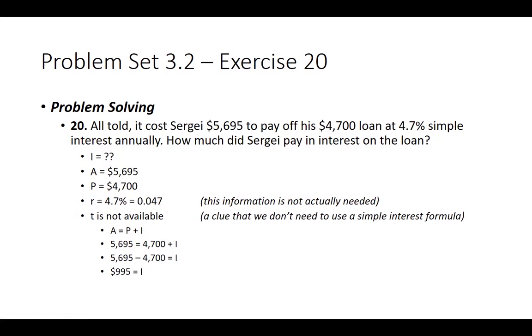Number 20. All told, it cost Sergey $5,695 to pay off his $4,700 loan at 4.7% simple interest annually. How much did Sergey pay in interest on the loan? So if we start looking for our variables, we're looking for the amount of interest.